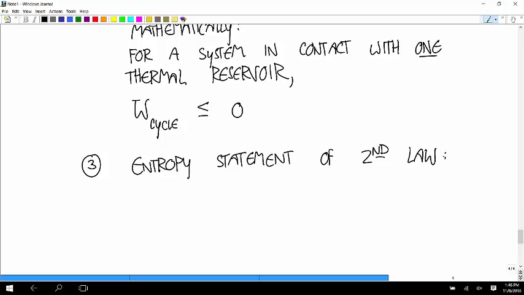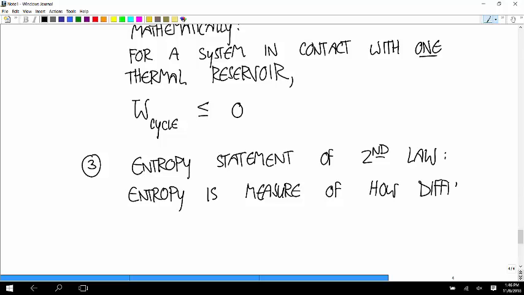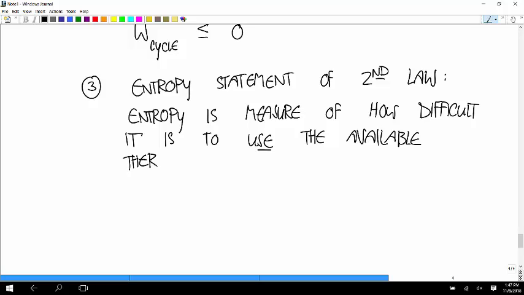So think of entropy as a measure of how difficult it is to use the available thermal energy as a heat engine to do work.